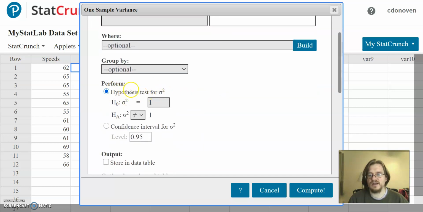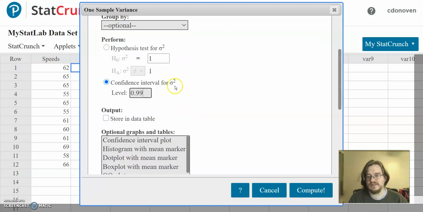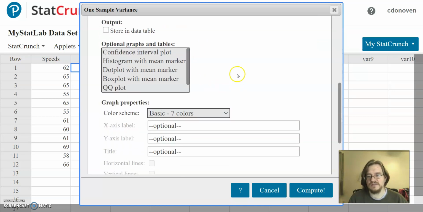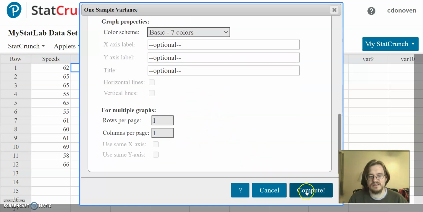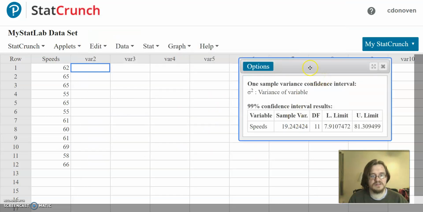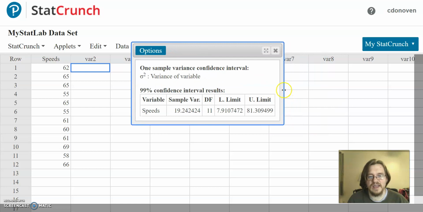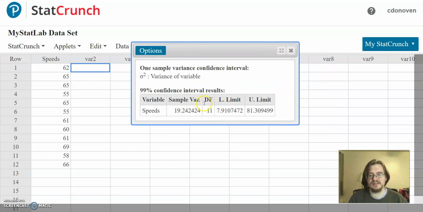We are not computing a hypothesis test. We are computing a confidence interval, and the level for the confidence interval is going to be 99%, and the rest of this doesn't matter. So we can compute this, and what we'll see is that this comes up with the lower limit and upper limit for the variance of our speeds.